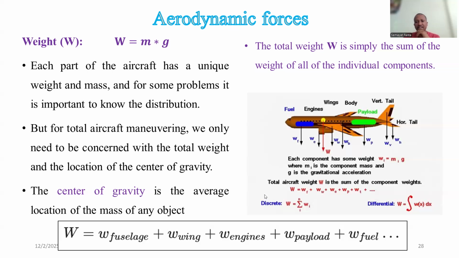If we consider the system as a discrete system, with fuselage alone, wing alone, engine alone, and so on, then we use the summation of W_i, with i from 1 to N, which gives you the total weight. So this is the weight calculation, and the weight acts through the center of gravity. That is the meaning.